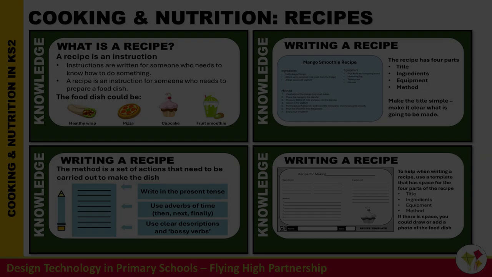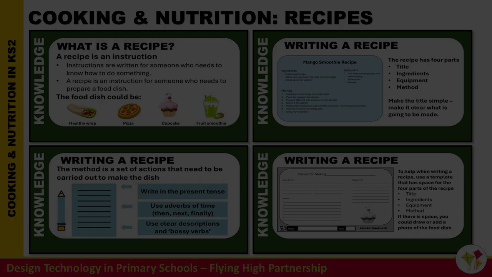Being able to follow a recipe to create a food product is an important element in cooking and nutrition. A recipe is a set of instructions that provide step-by-step guidance to create a food product. A recipe is also a way of communicating the end point of activities where children are designing food. In Key Stage 1, children will have learnt how to follow a recipe to make a food product. They may know some basic recipes and will have begun to understand how to write a recipe. Key Stage 2 builds on this learning by challenging children to design their own food products and dishes.